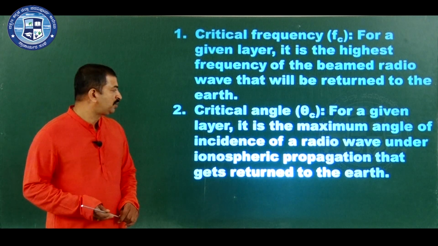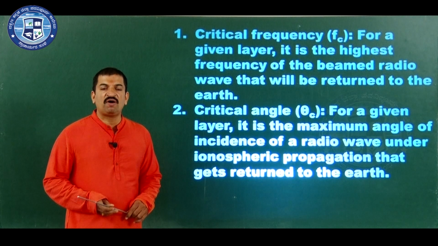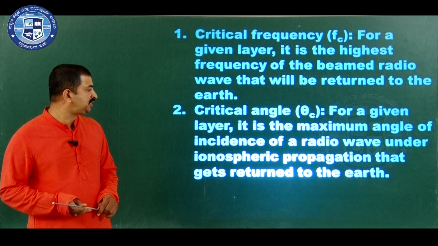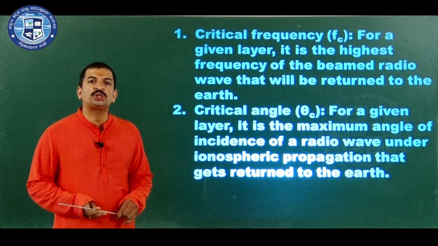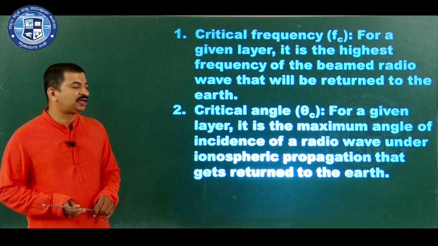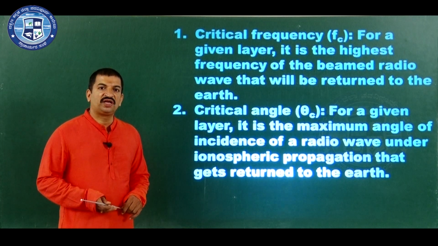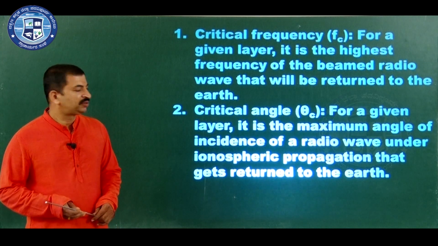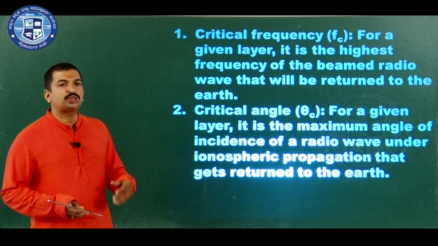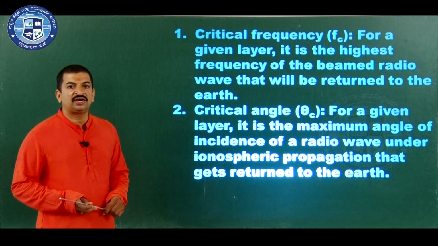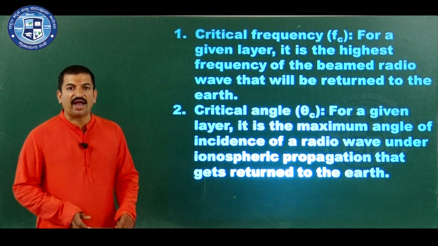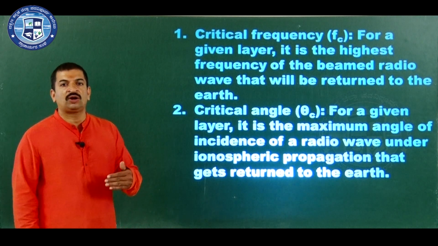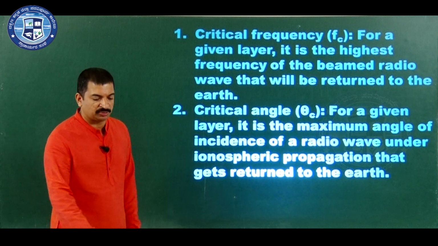Now, the critical angle is defined as, for a given layer, the maximum angle of incidence of the radio wave under ionospheric propagation that gets returned to the earth. If the angle of incidence is less than the critical angle, the ray will not be returned down to earth; it escapes from the earth atmosphere.